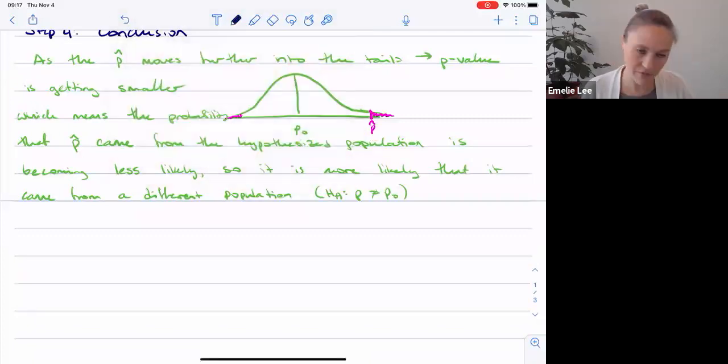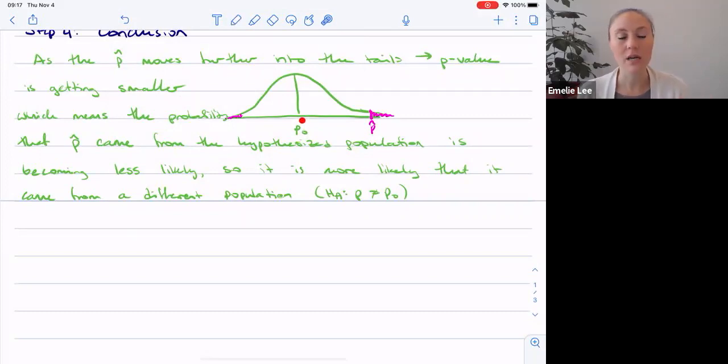So in terms of our conclusion, in general, if the p-value is small enough, then we have enough evidence to reject H naught. Then we have enough evidence to say, I don't think it came from this population. I think it's more likely that it came from a different population.